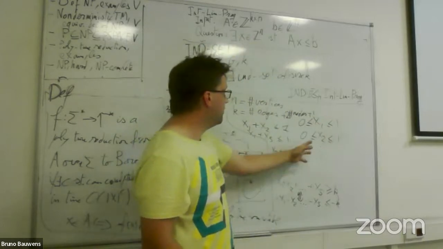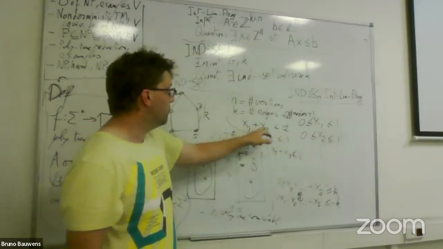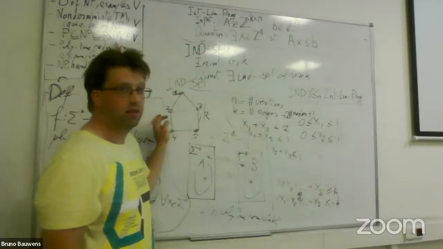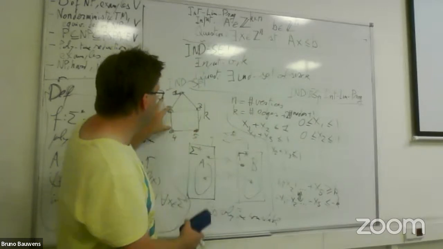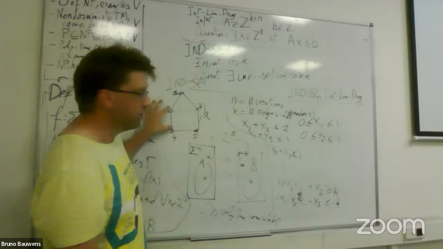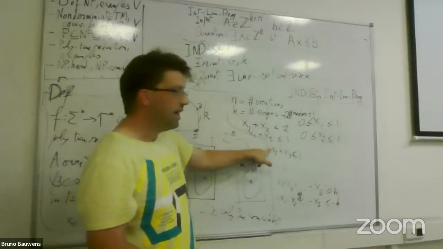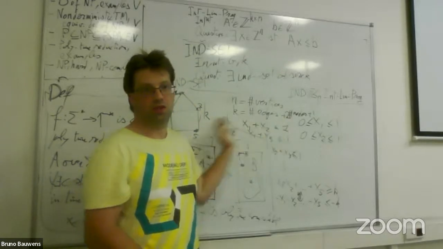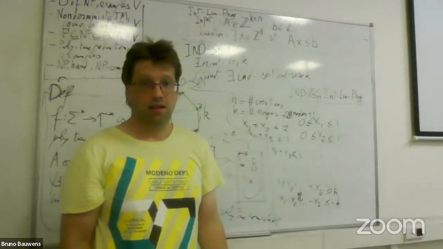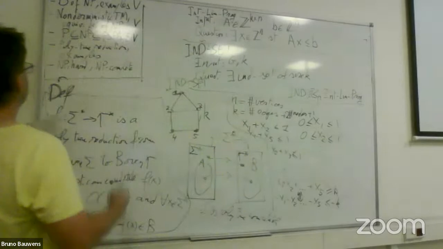Then the independent set is precisely the set of nodes for which the variable is 1. And no two such nodes will be connected, because otherwise, for this edge, the inequality is violated. So it works in both directions. Okay.